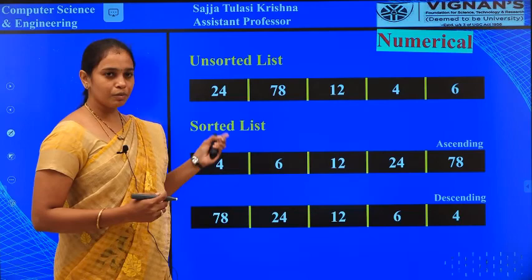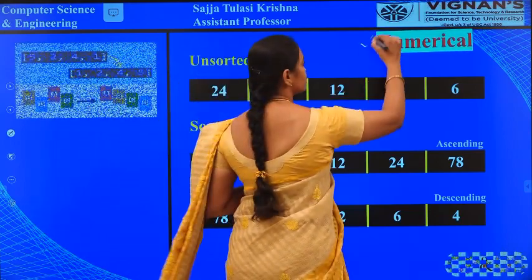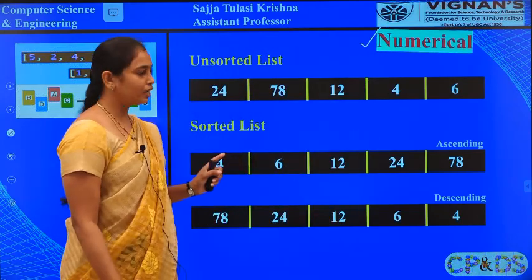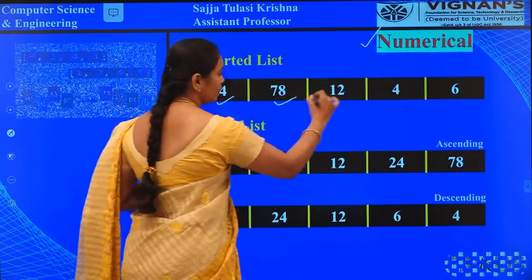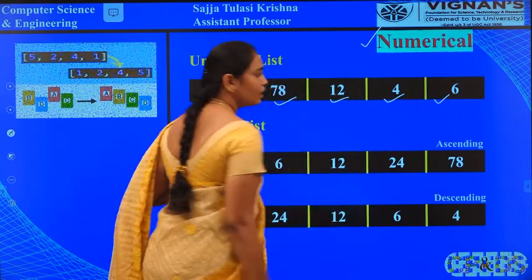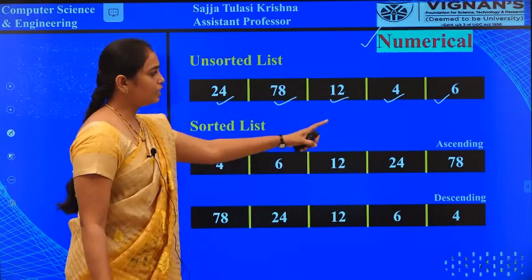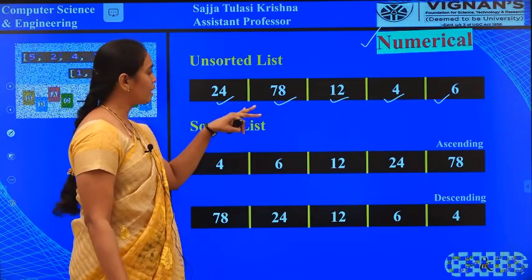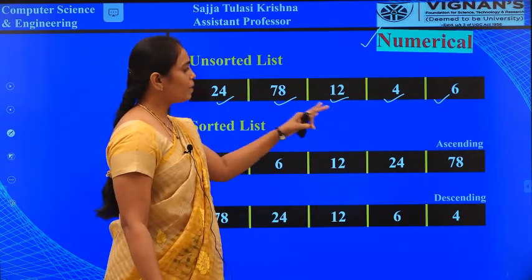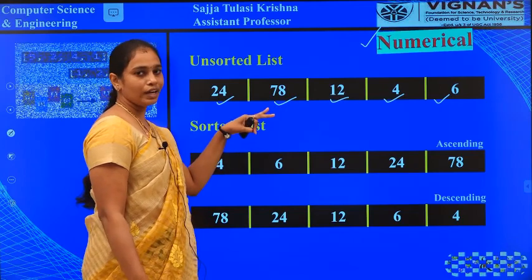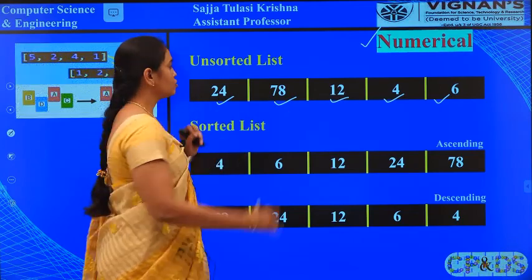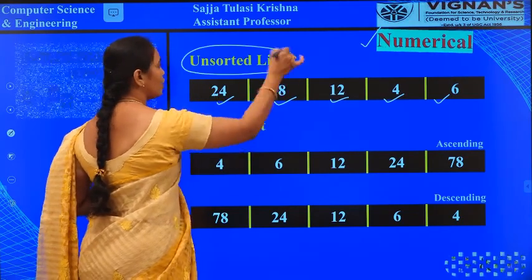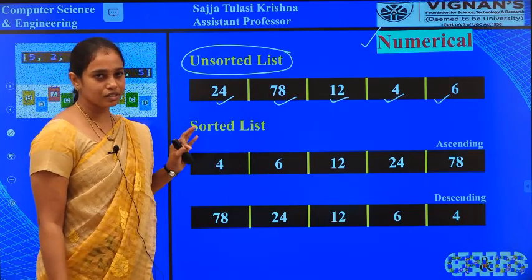Let's see a simple example based on numerical data. Here the data is present in an array, in numerical format. This data is not arranged in proper order, so it is called an unsorted list.